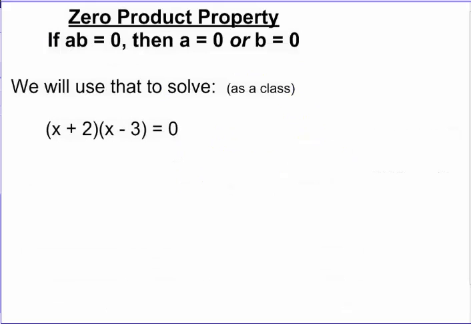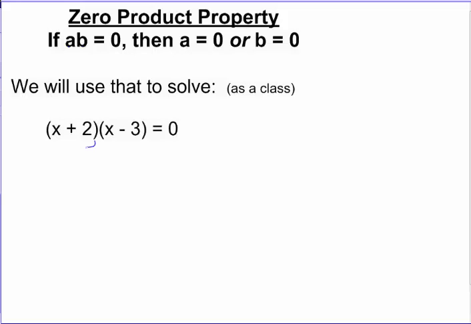All right, so we're going to use that idea to help us solve an equation like (x + 2)(x - 3) = 0. So we're multiplying those two quantities together. If I'm multiplying two things together based on the zero product property, then one of them must be 0.